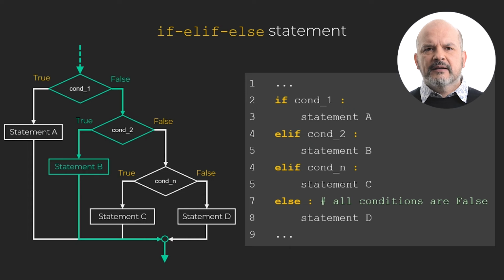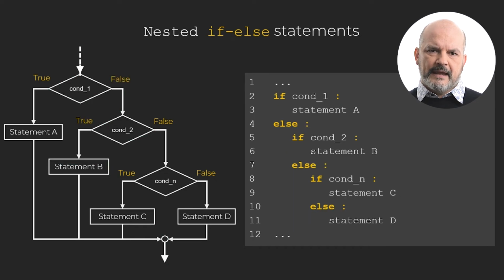Here is the path followed by the program if condition 1 is false and condition 2 is true, regardless of condition N being true or not. Only statement B is executed. Any if, elif, else structure can be written using only nested if-else structures as shown on the right-hand side.